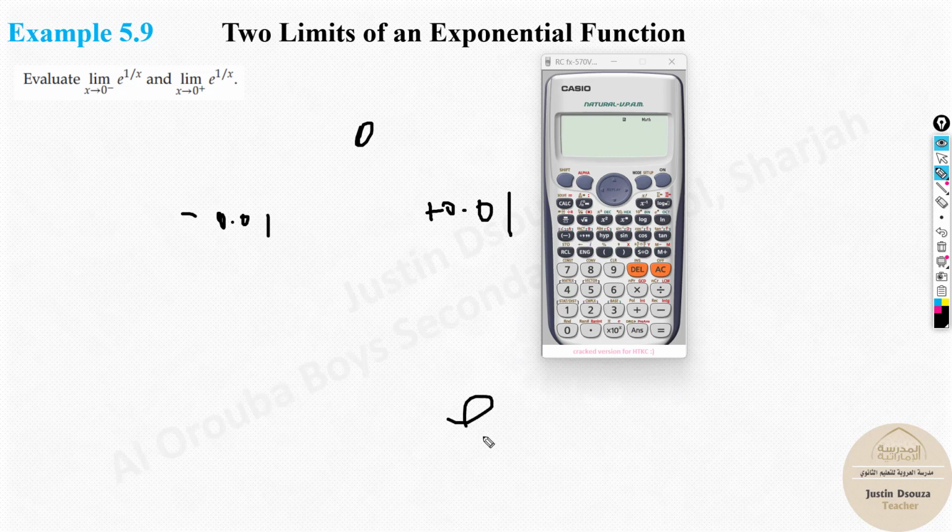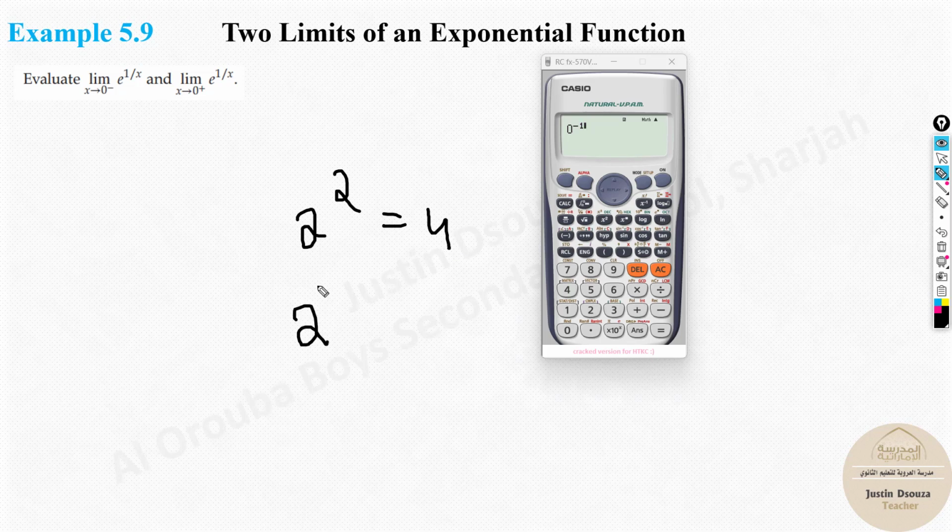Now what happens if I have 0 to the power negative something? What I mean is, if I have 0 to the power anything, what's the answer? 0. But now, let me take 0 to the power 1, 0. But let me take it as negative. What's going to happen? I'll just explain why this is happening. Now take, for example, 2 to the power 2, it's 4.